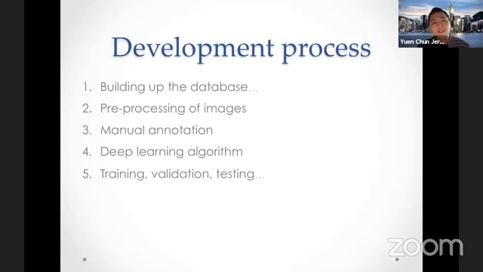In this particular case, it will be the bladder tumor. So you need to have a manual annotation of the tumor on the images, and then you need to develop an algorithm for the deep learning part. Once you have done all these, the later part is actually easy. Once you have enough data, you need to train it, you need to validate it, and you want to test it to see whether your system really works or not.